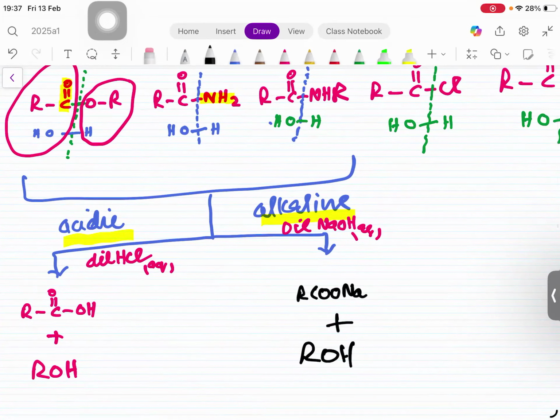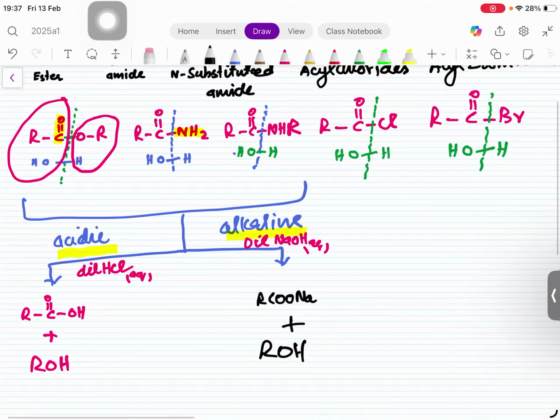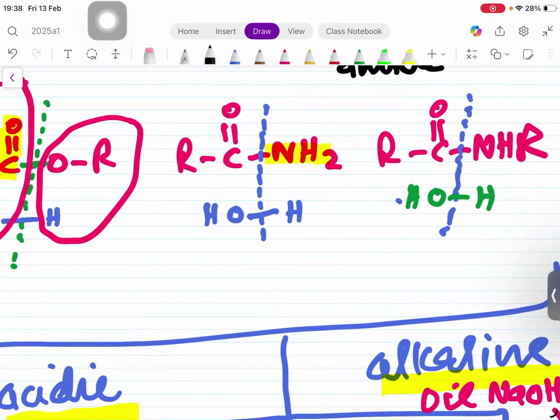All right, so similarly, can anyone tell me, this was with the ester, what about the amides? One of the products is again the carboxylic acid, COOH. But the other product is NH3.